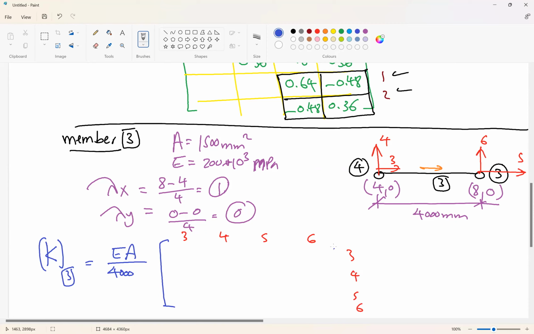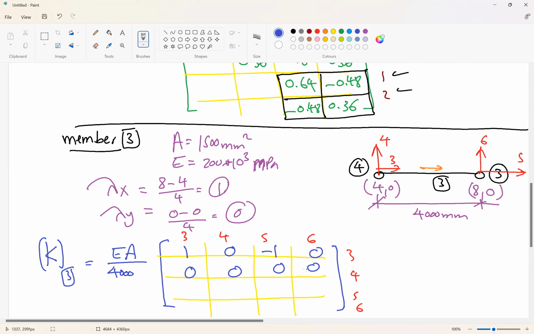So we have lambda x squared, which is 1, 0, negative 1, 0. This is all zeros. This is negative 1, 0, 1, 0, 0, 0, 0, 0.